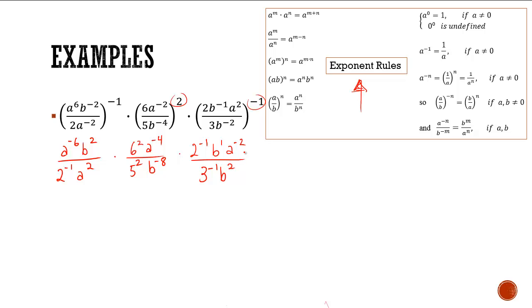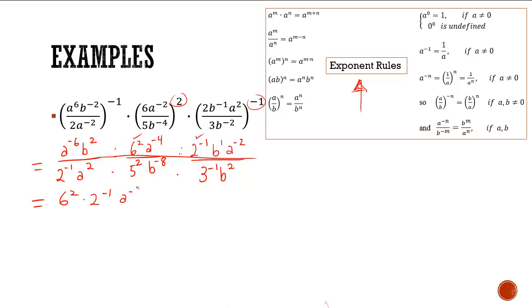So now we've got all these parts. Notice this is multiplied, so everything could actually be seen as all a numerator and all a denominator. I'd like to first arrange all my numbers together, and then my a's and my b's. So I'm going to rearrange the top so that I have 6 squared times 2 to the -1. So I've dealt with that and that. Don't forget any terms now.